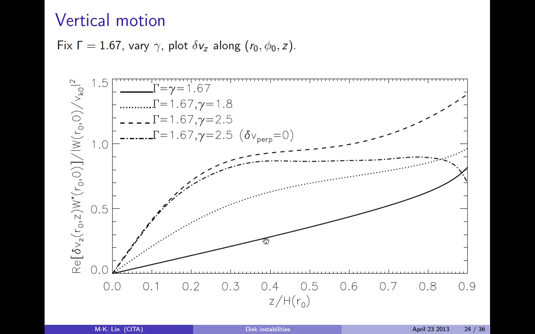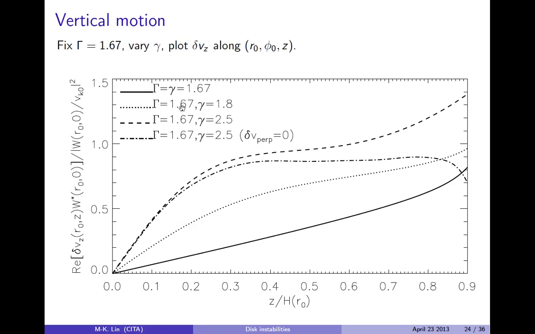Now, in the solid line, the vertical velocity is a linear function of height. But increasing the difference between the polytropic index and the adiabatic index gives me a different profile. And I think this is actually quite a noticeable difference between the dotted line and the solid line, given that the indices don't differ too much.